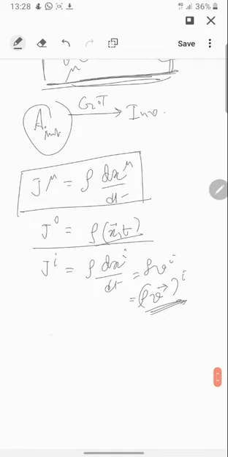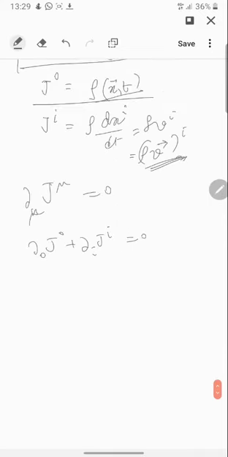So, combining these two, we call J mu the current density 4 vector, and this del mu J mu equal to 0 condition gives us del 0 J 0 plus del i J i equal to 0. So, del 0 is d dt or del t, and J 0 is rho, and del i J i is the divergence of your J vector.